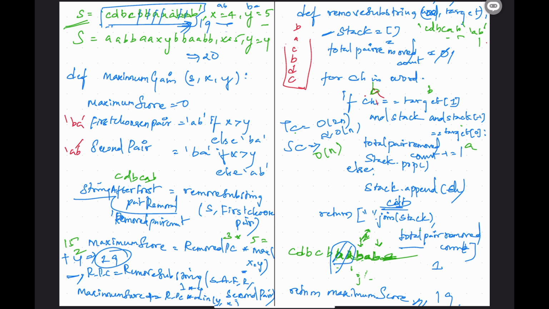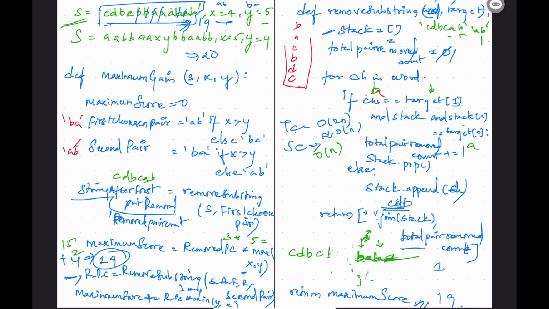So again you will be removing this BA as well. So like this, by having 2 pointers also we can calculate the total pair removal count, and we can do it without having the stack. Okay, let's see how that works.